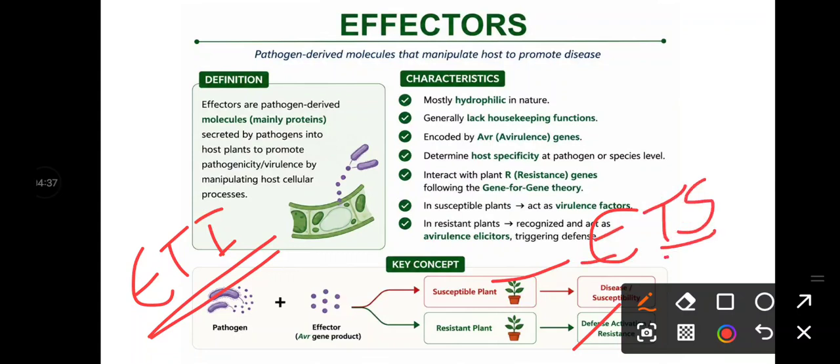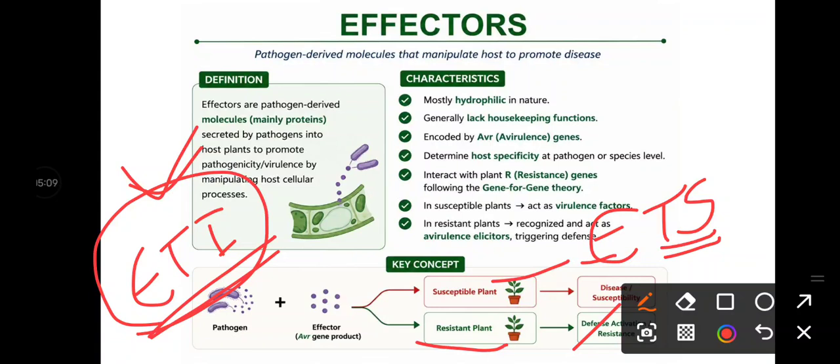But in case of a resistant plant, due to the presence of a resistance gene, it fails to trigger susceptibility. Ultimately it is recognized by the R gene, or resistance gene, and further effector triggered immunity is triggered, the defense system is activated and the plant will show resistance.